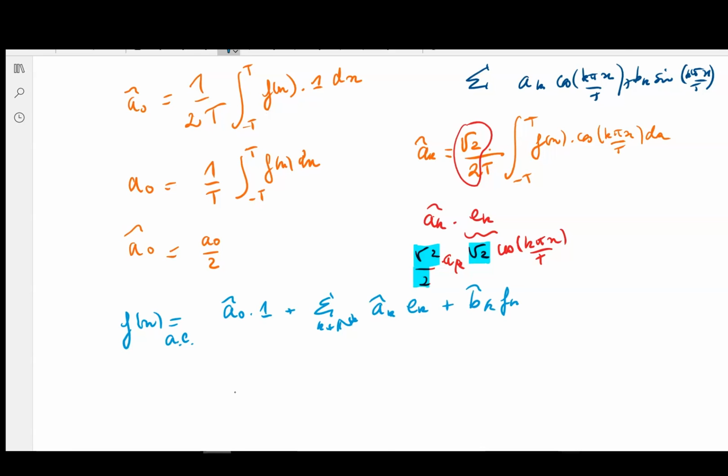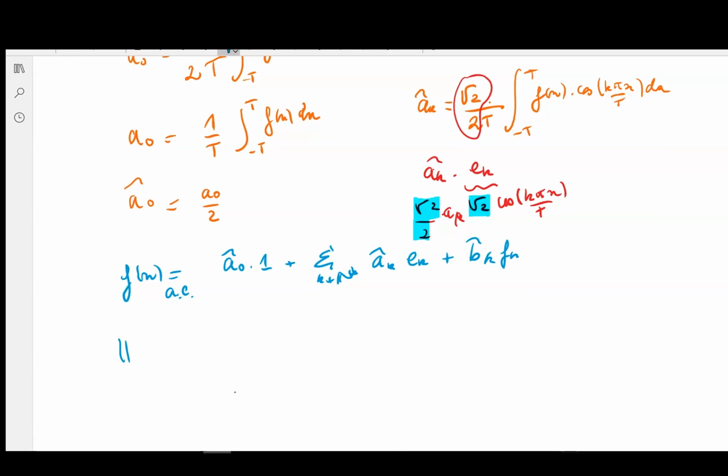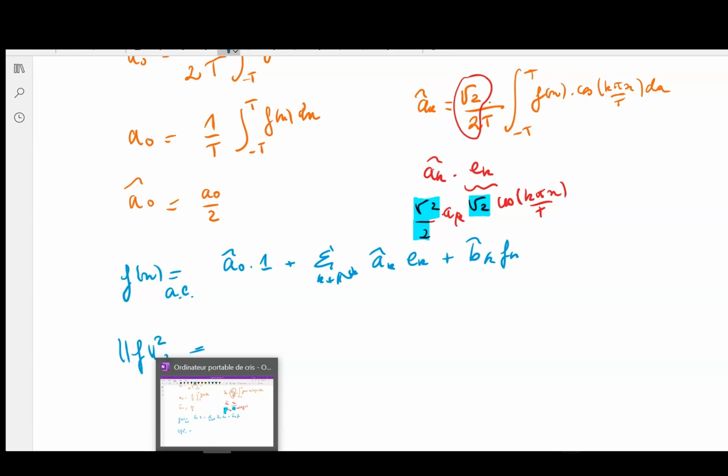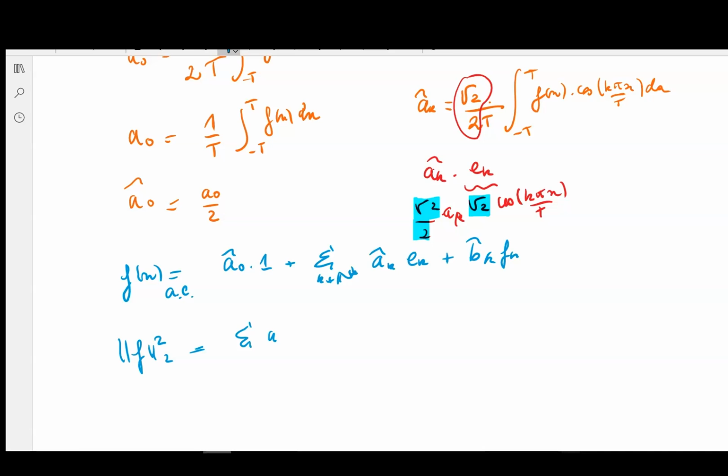All right, so if I'm using Parseval identity, the norm square of f is just going to be the sum of a hat k square plus b hat k square, and I also have to add the a hat 0 square. So that's when using those coefficients obtained from the normalized version in order to get an orthonormal basis.